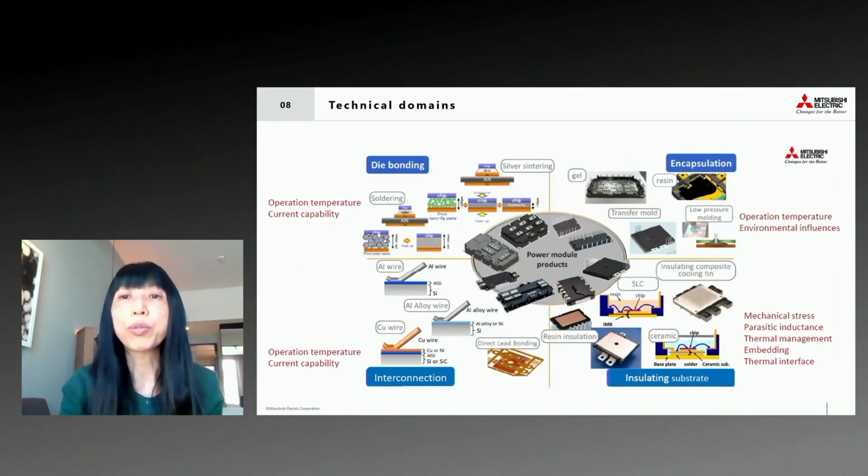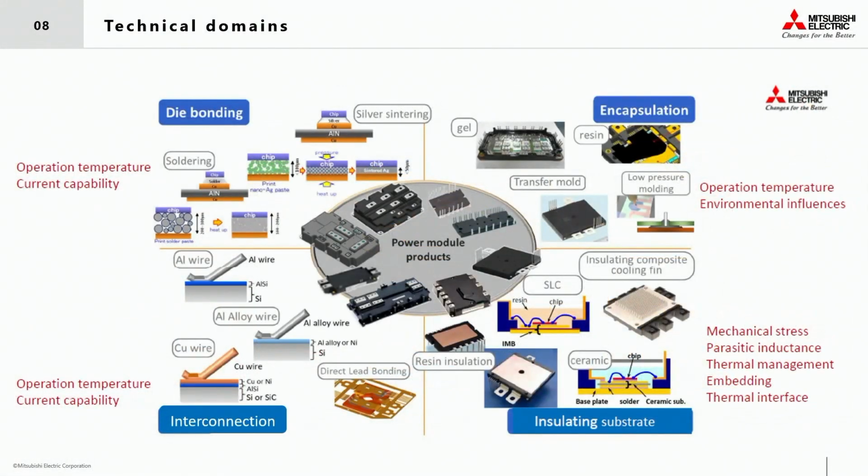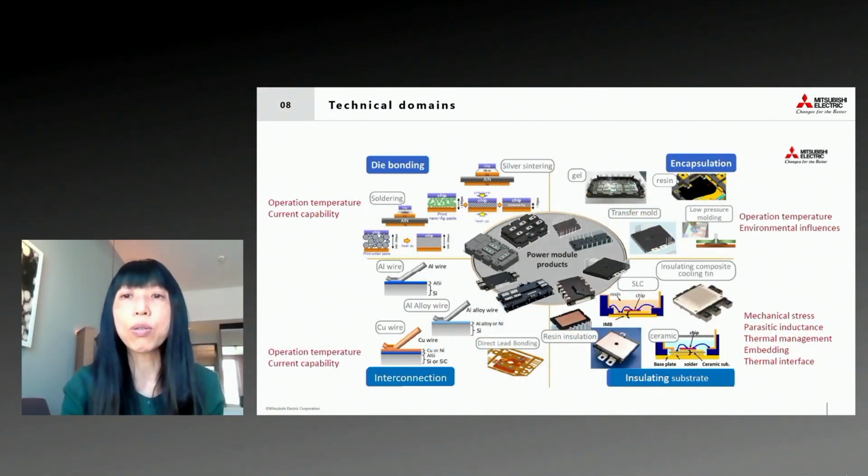From a technical point of view, packaging technologies can be divided into four domains: die bonding, interconnection, insulation, and encapsulation. In each of the domains, new technologies are being considered for wide-bandgap devices. Today, I'd like to discuss interconnection technology.